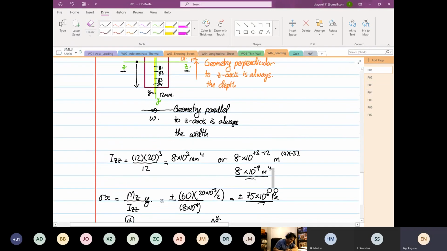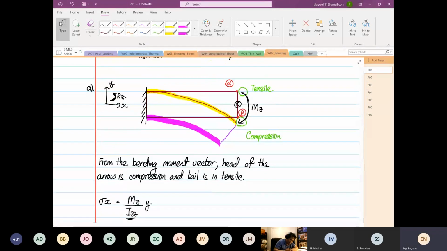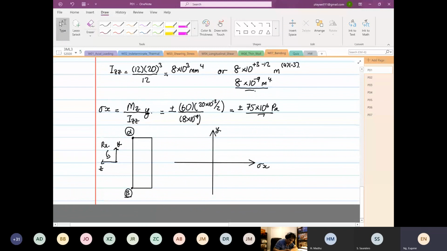From here, we see down here, alpha is in tensile and beta is in compression. So on the right hand side you'll be in tensile, and on the left hand side will be compression. So when we draw this, we know point beta will be under compression.